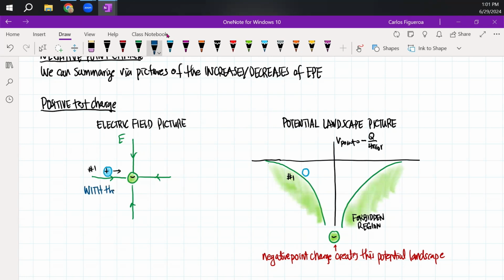With the field, we expect that there should be a decrease in energy. So that means there should be a decrease in electrical potential energy. So I have a charge that's now moving down.